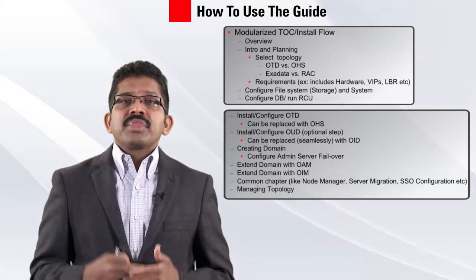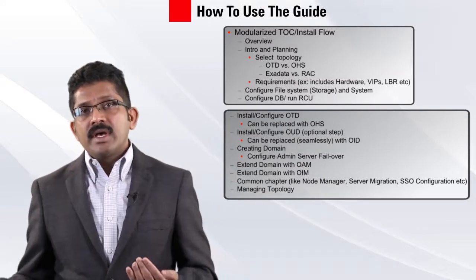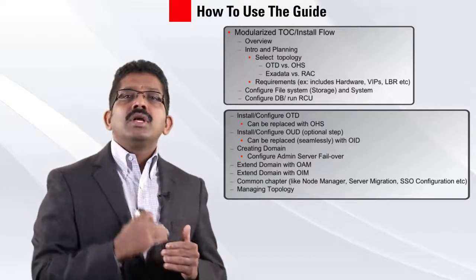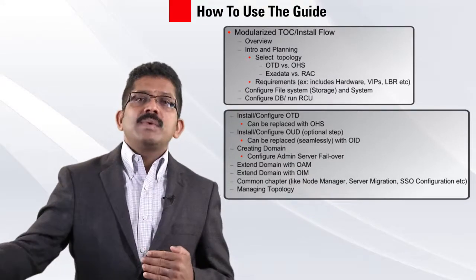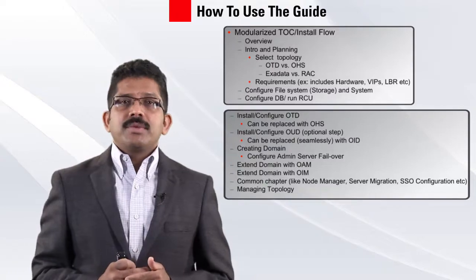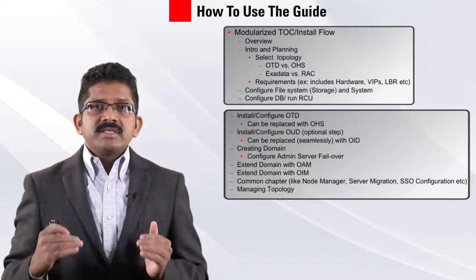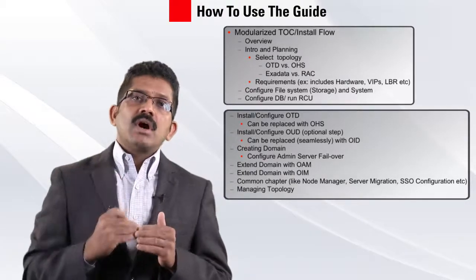Similarly, if you want single sign-on but don't want provisioning like identity OIM, you can pick only OAM. Or if you have a third-party OAM but you want Oracle OIM, you can pick the OIM chapter only. So the table of contents is modularized in such a way that you can pick whatever topic you want based on your deployment requirements.